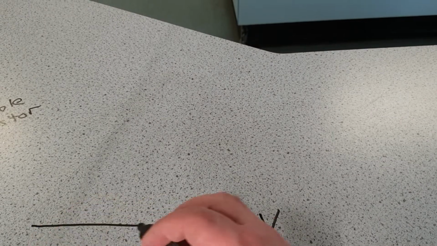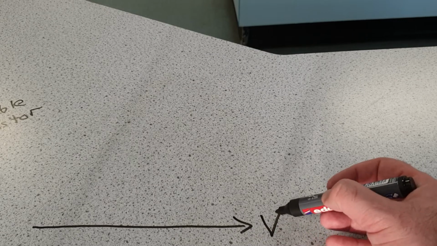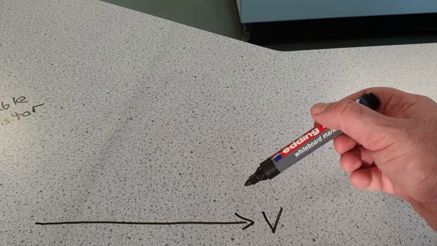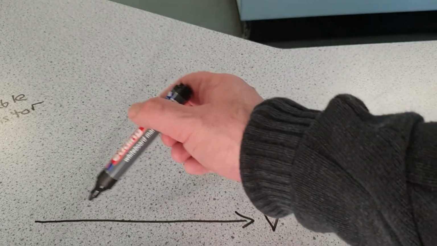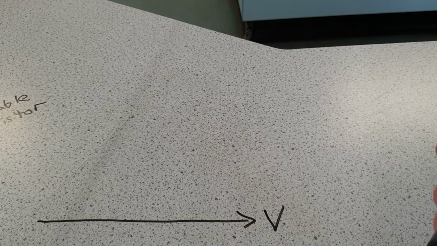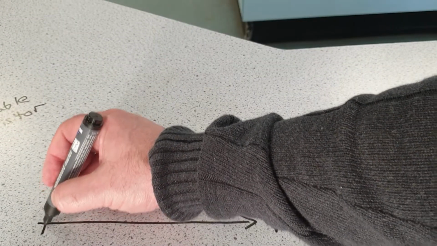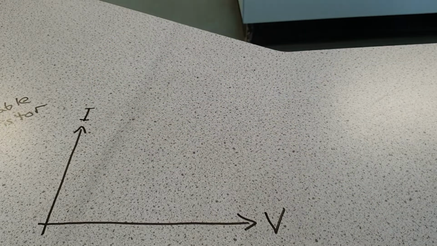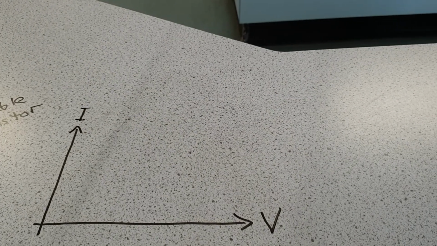So I've drawn a graph with voltage on the x-axis. This represents what would happen if we measured several different voltages across the bulb, and then you'd get several different currents. So on the y-axis, I'm going to give you the current.